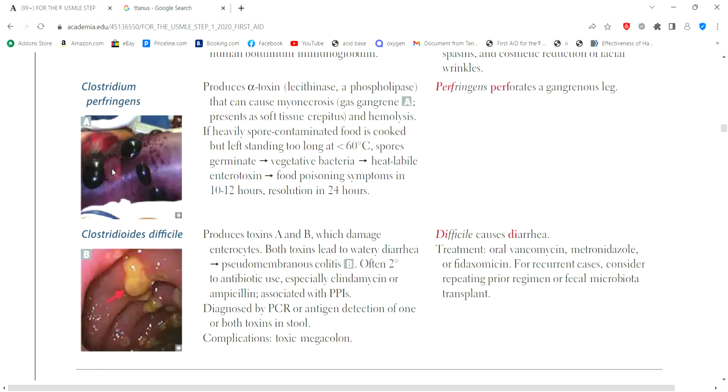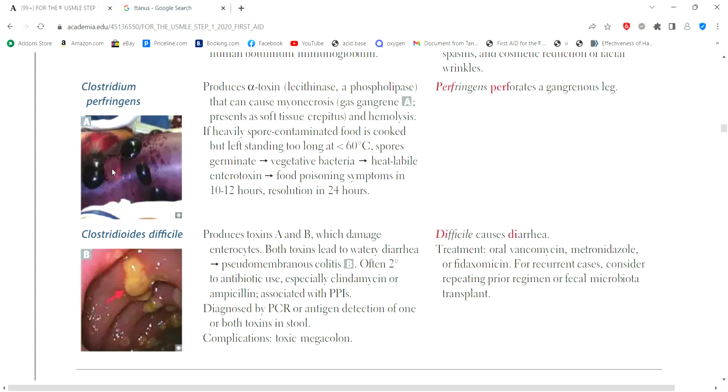You see that in Clostridium perfringens, and this type of bacteria from perfringens will cause non-bloody diarrhea.